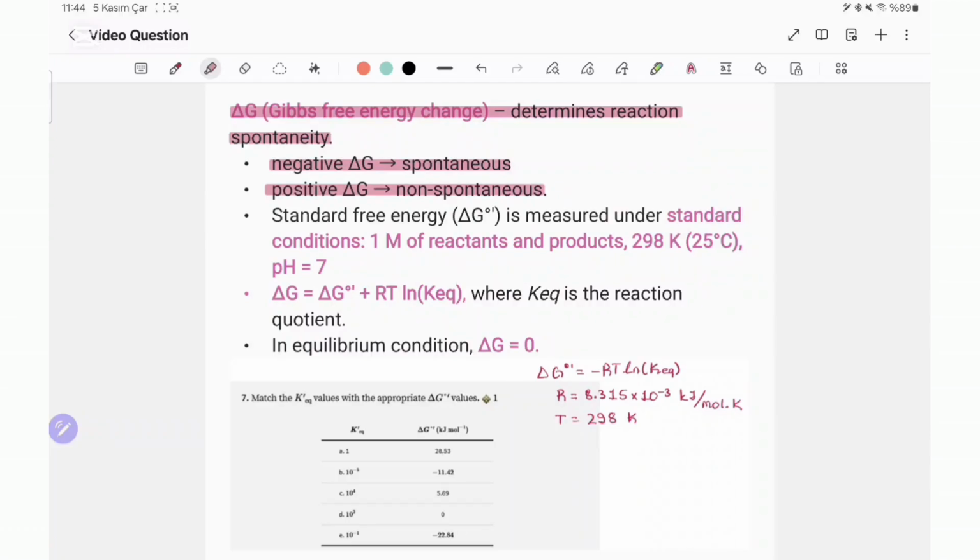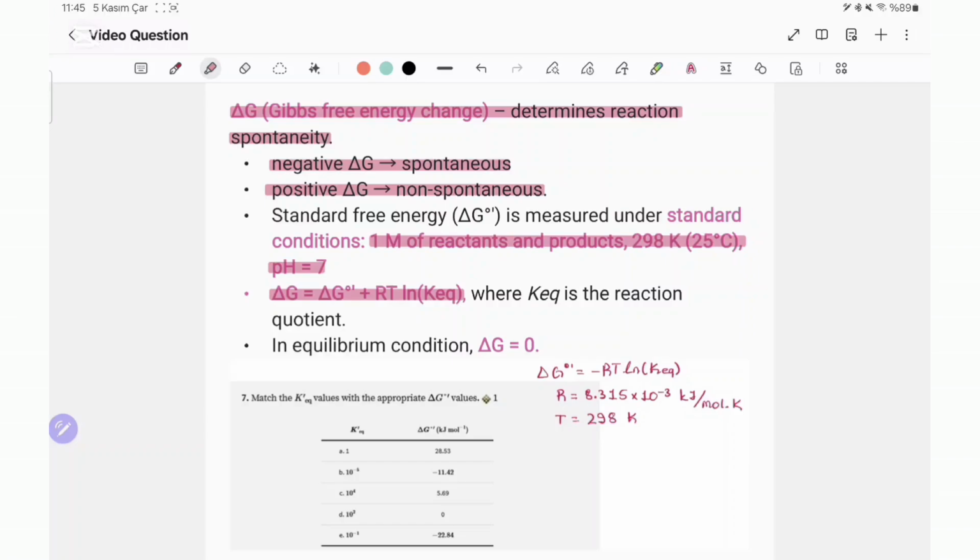And we measure this free energy under standard conditions, which means we take 1 molar of reactants and products, we set the environment at 298 Kelvin, which is 25 degrees or room temperature, and we take the pH equal to 7. And we can calculate this energy with this formula.